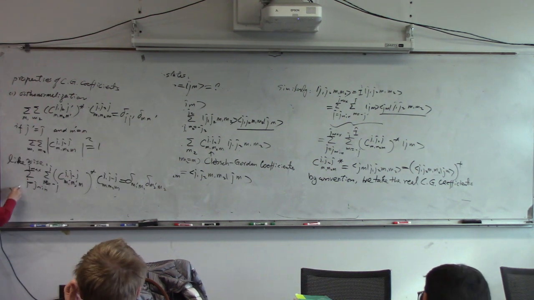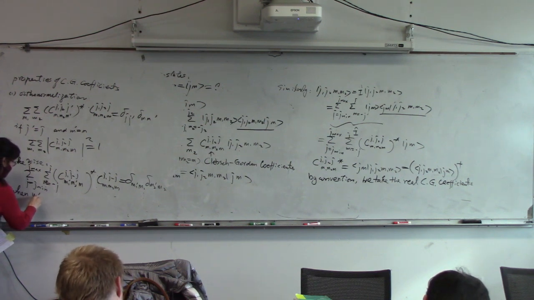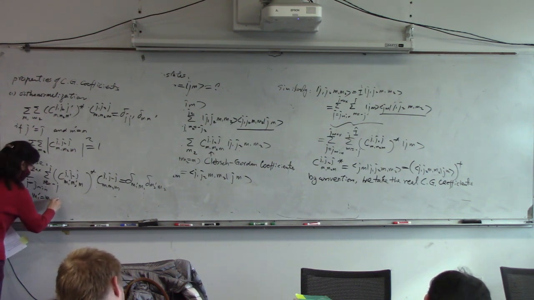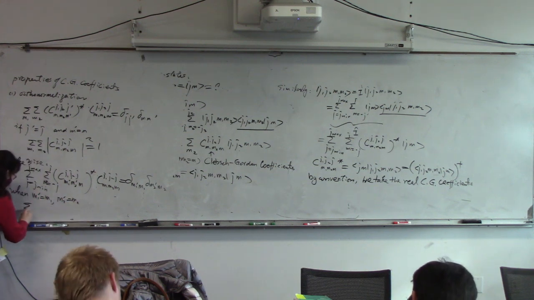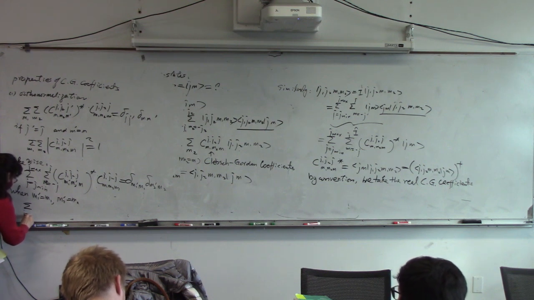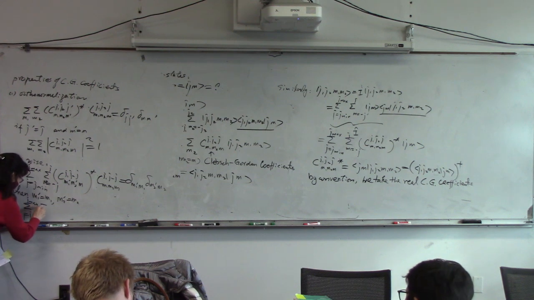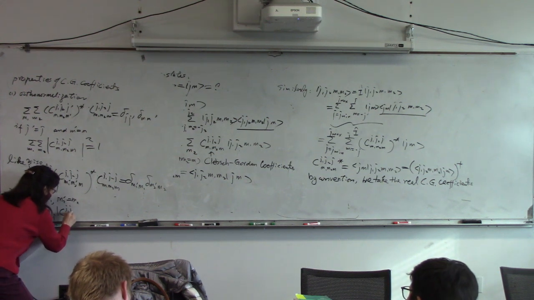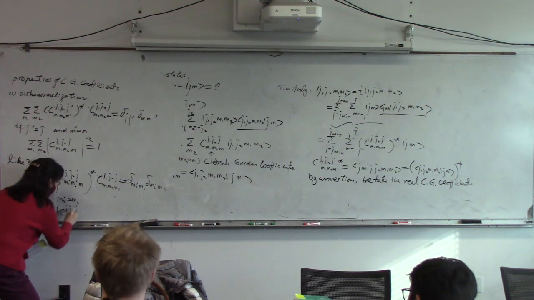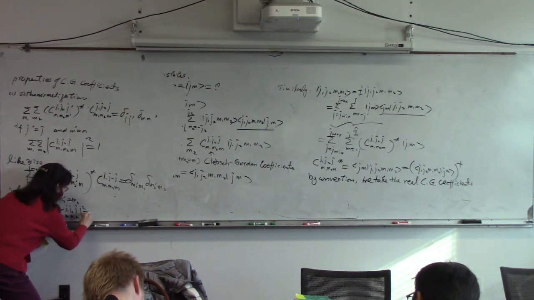And only when M1 prime equals M1 and M2 prime equals M2, we have a solution, for G from G minimum to G maximum, the square of the Clebsch-Gordan coefficient between J1, J2, and J, M1, M2, squared, equals 1.